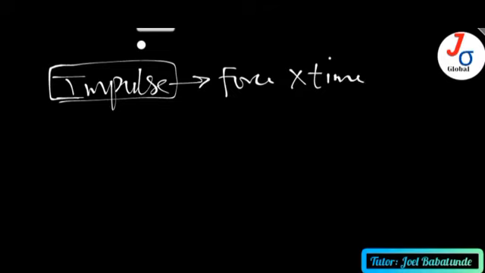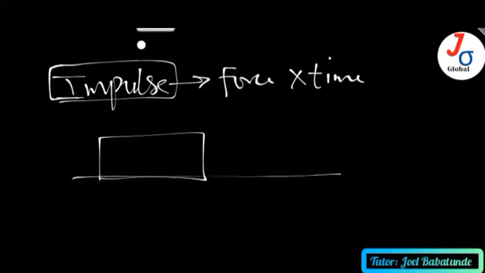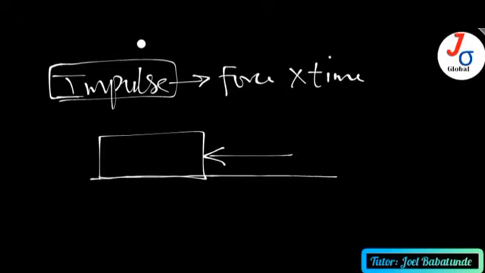So what that means is that, let's say you have a block of wood, then the block of wood is acted upon by a force of, let's say, 50 newtons. Now it's going to take a particular time to actually react with this block.